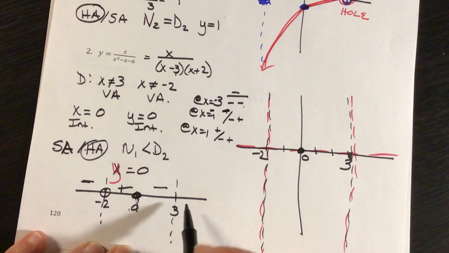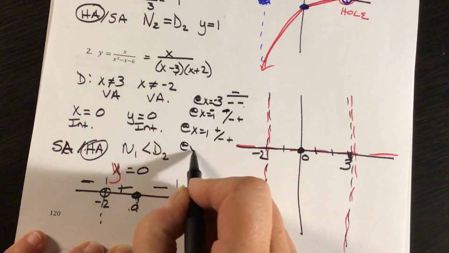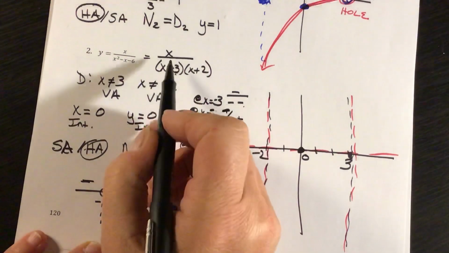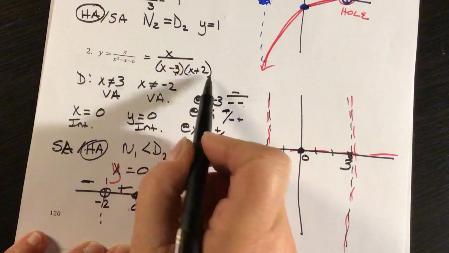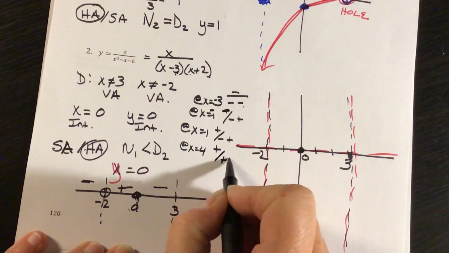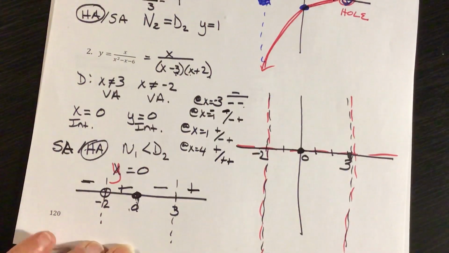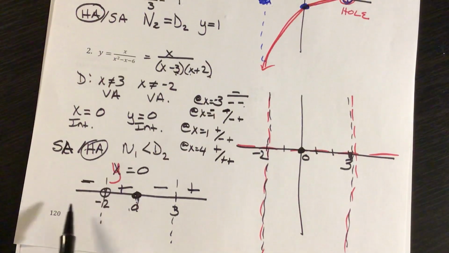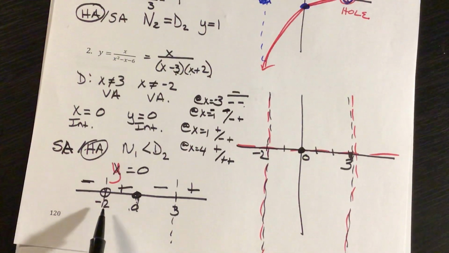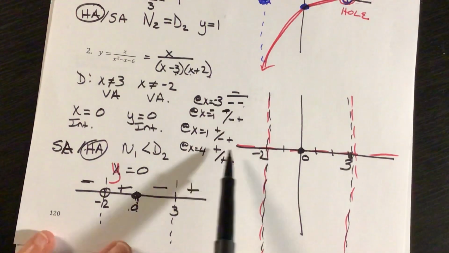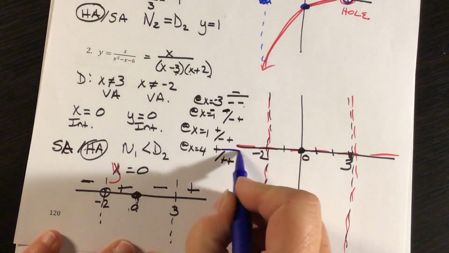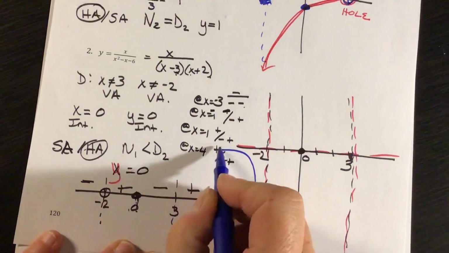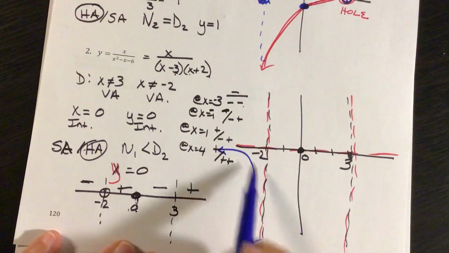And then to the right of 3, let's choose 4. 4 is positive on top, 4 minus 3 is positive, and 4 plus 2 is positive. So I got all positives here, so this would be positive. So on this side, to the left of -2, it's all negative. So it looks like I'm going to approach my asymptotes here.